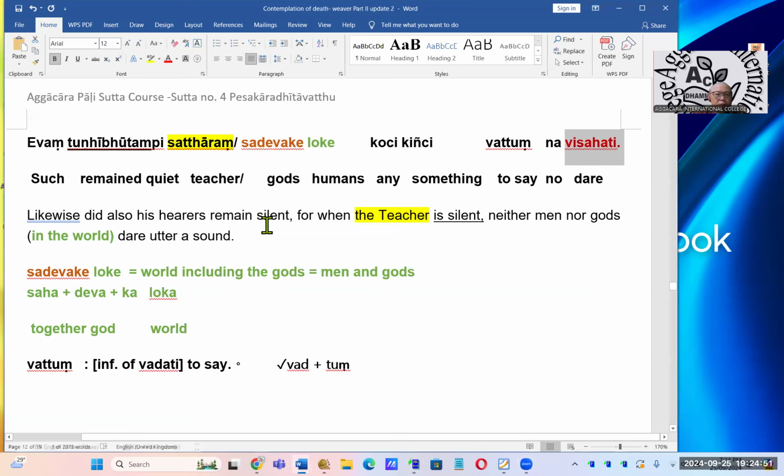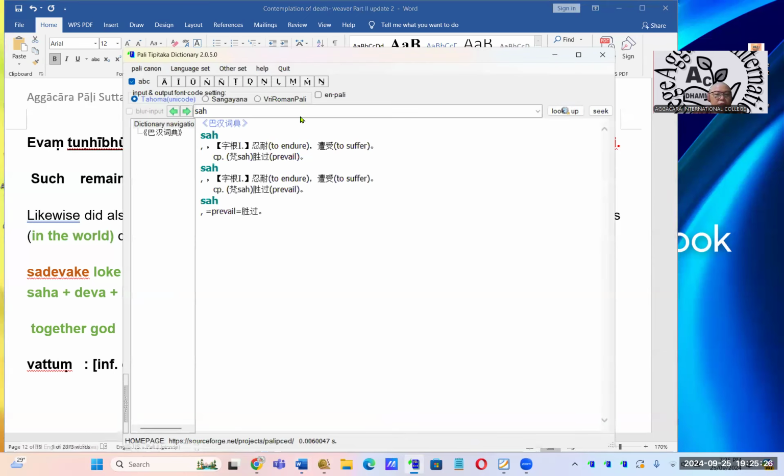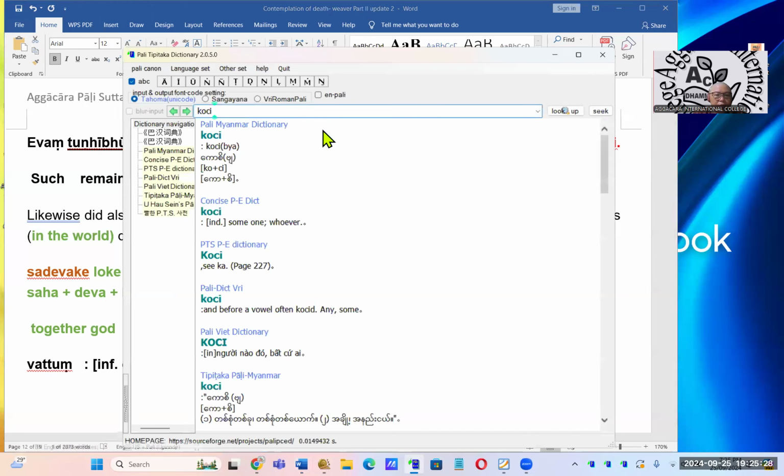So here there doesn't seem to be any subject. But the subject will be this one, I think. Not the sataram anymore. The subject should be this one because we have the kochi with the o sound, ko, right? So any of the people in the human or God world, they to say anything. So that translation with this one. This kochi you will see in the pronoun, right?